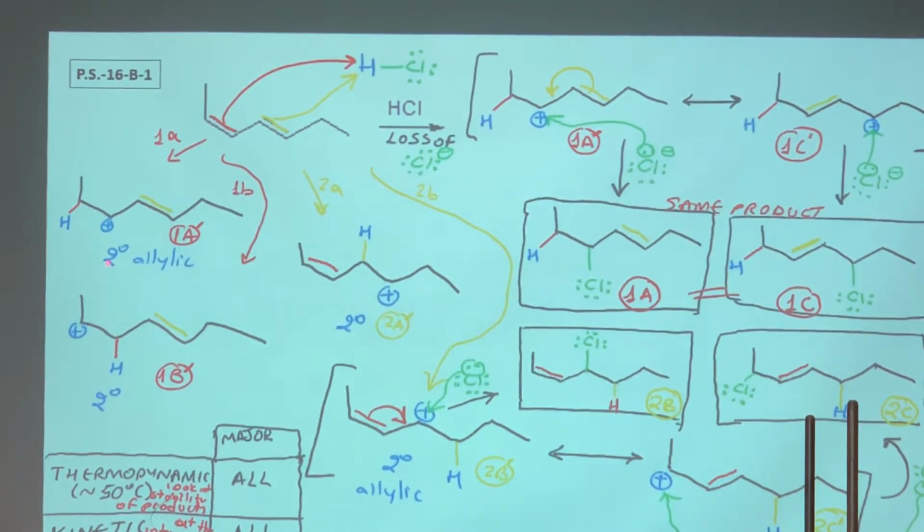I mean, secondary allylic, these are different. First of all, are these the same? They're not, right? That's secondary 3 carbons from here. This is second carbon. So different, right? So these are 4 different ones, yes? So 1A prime, 2A prime, 1B prime, 2B prime.